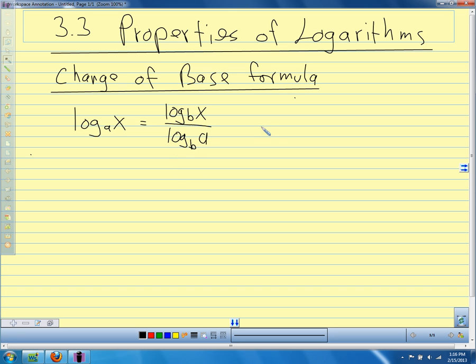So if we want to calculate a number, we want to find the log base 2 of something, we can use the log base 10 or the natural log. So this is going to be log base 10 of x over log base 10 of a. And that would give us the same answer as if we did the natural log of x over the natural log of a.